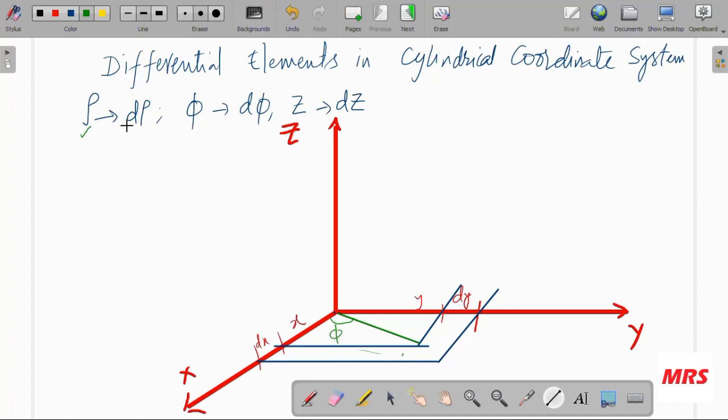So here also we can say that rho is incremented with d rho, and phi with d phi. So this is phi, and now it is incremented with d phi.